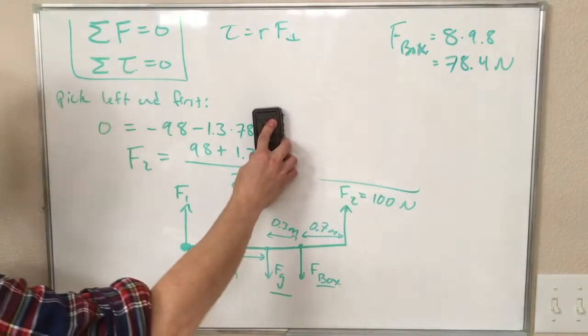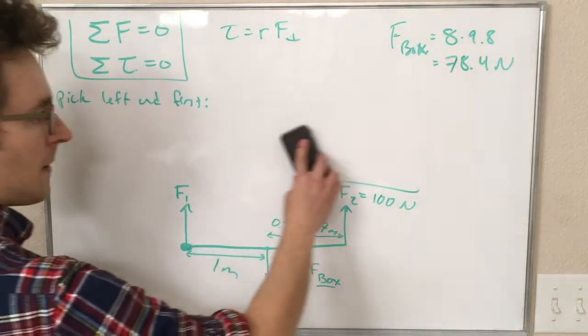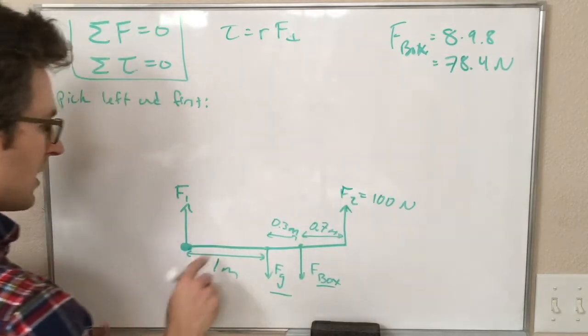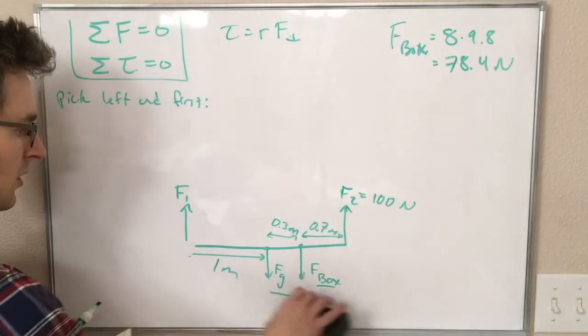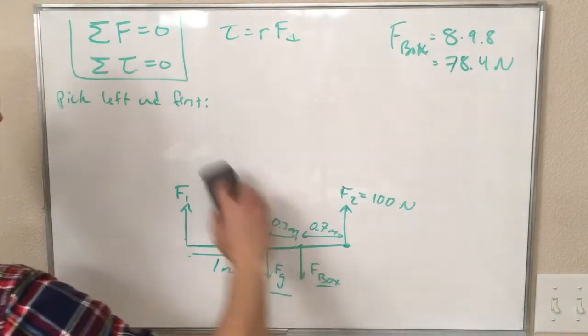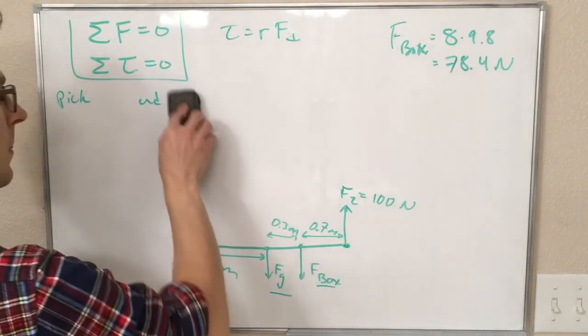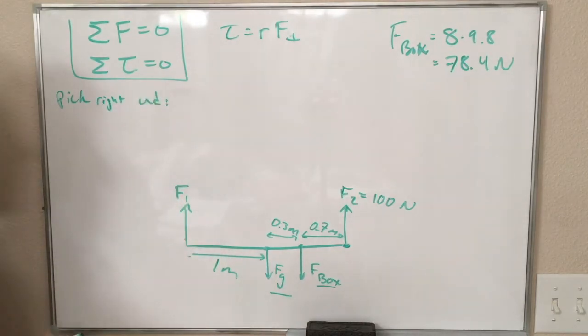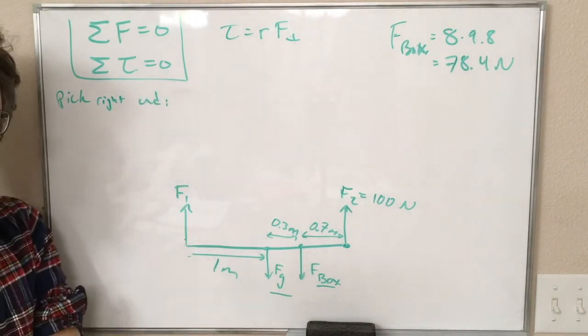Okay, so let's do the same thing, but instead of picking the left end, let's pick the right end. So we'll pick this end as our rotation point. By now you should be able to guess what's going to happen.